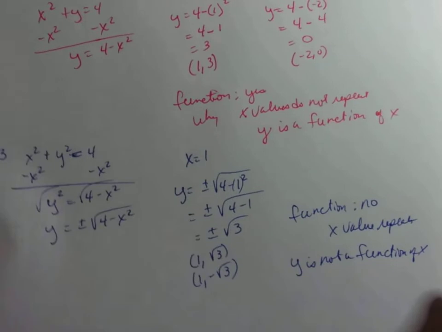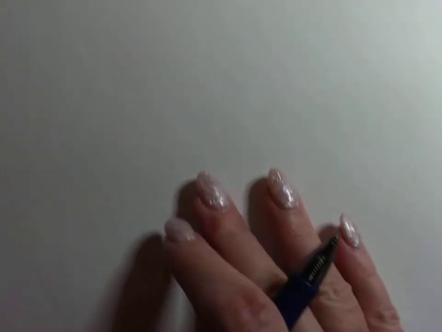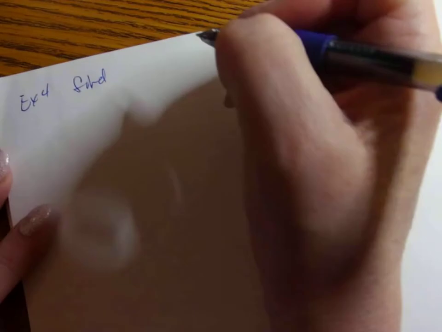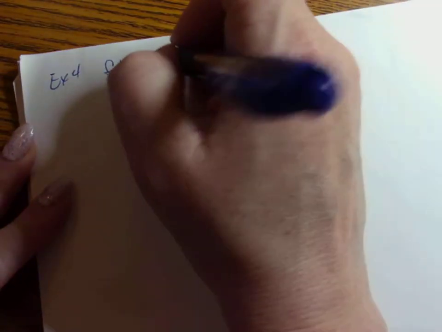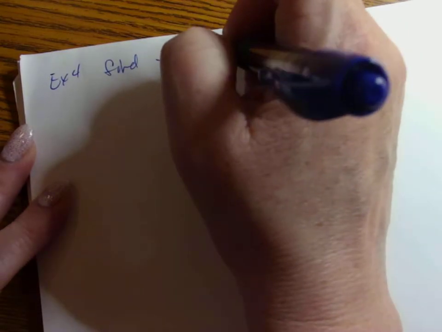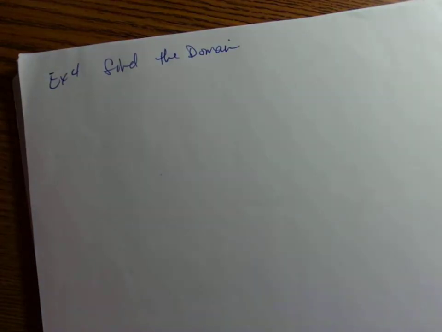So for our next problem, this will be example 4. We're going to find the domain. And remember, we had 2 things we couldn't do. We can't divide by 0 and can't take the square root of a negative number.